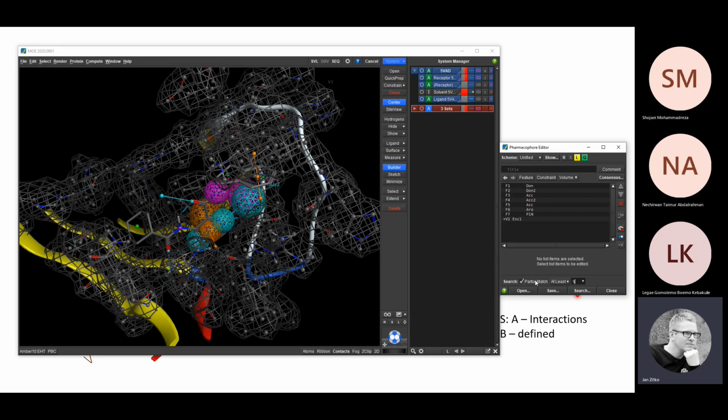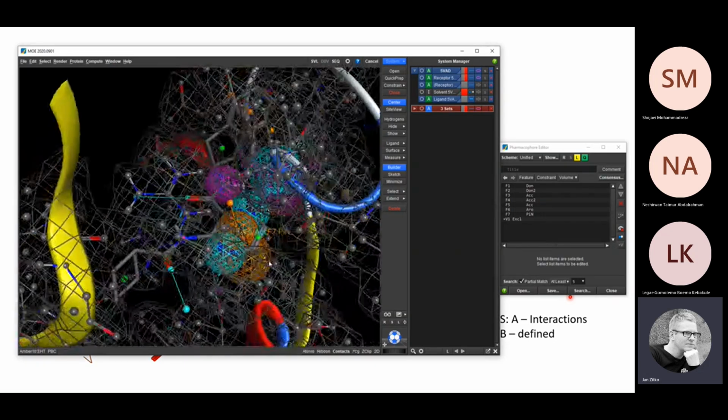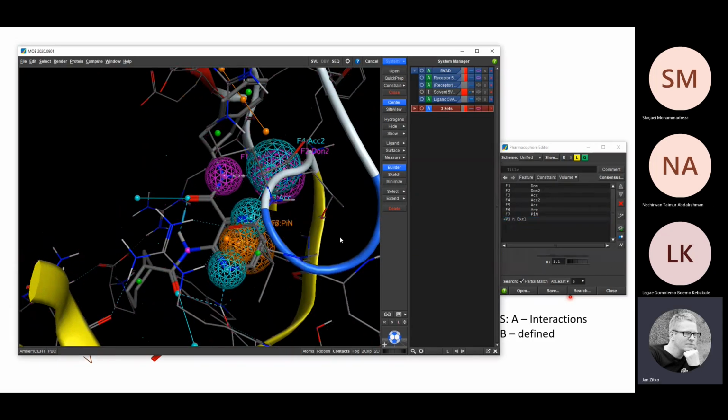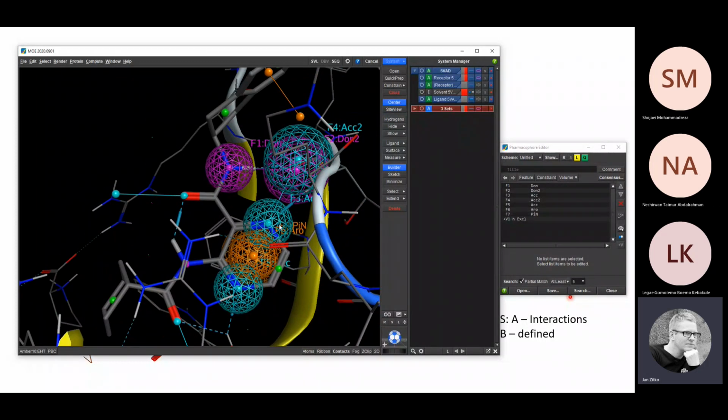When we are using partial match, we can also tell the computer which features are essential for us. So for example, I'll hide the volume, and let's think this H bond donor interaction and this H bond acceptor interaction will be crucial for me. So I will select this donor feature and this acceptor feature, and I'll tell the computer these 2 are essential. An essential sign will appear here.